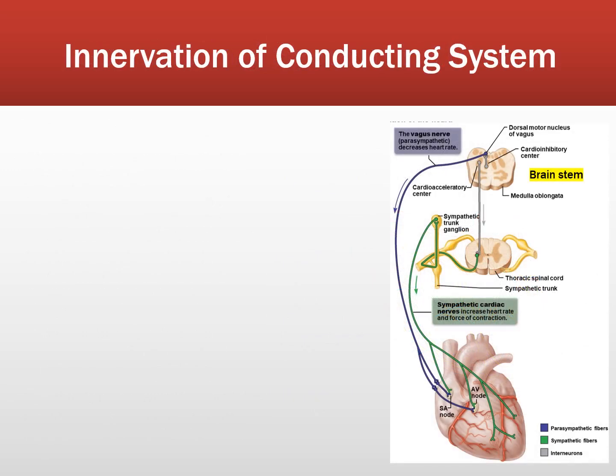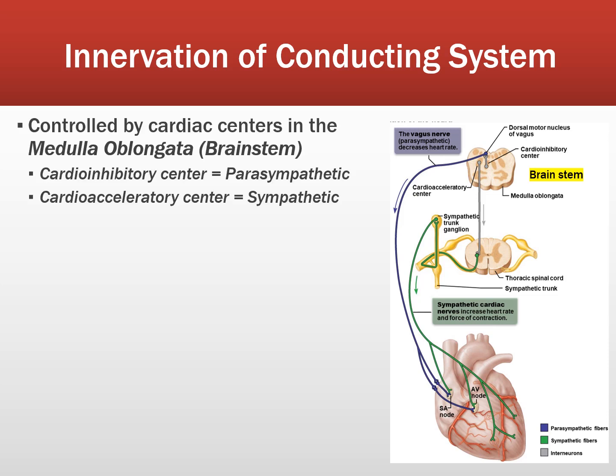Now, we do have overarching control from the central nervous system, so the heart isn't just pumping all on its own. It is controlled via the autonomic nervous system. We have a cardiac center in the brain stem. We talked a lot about the autonomic nervous system having some of these centers in the brain stem that are part of that reticular activation center.